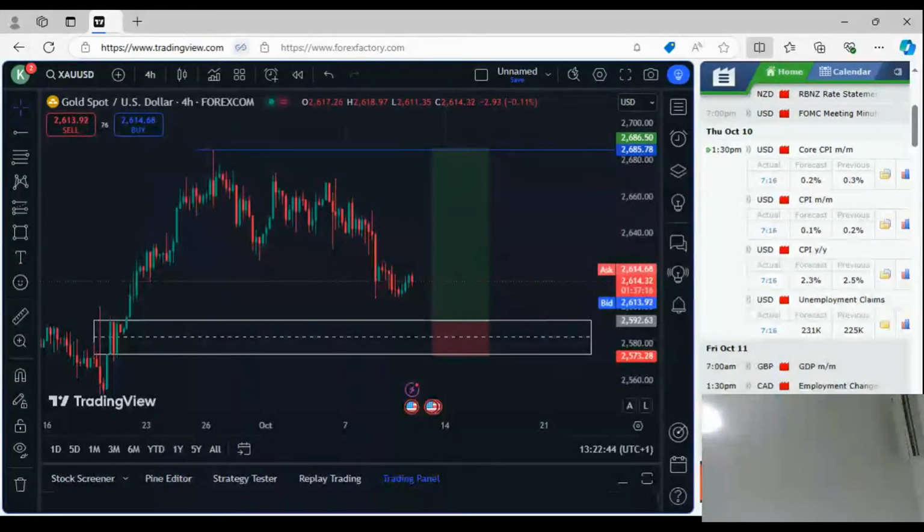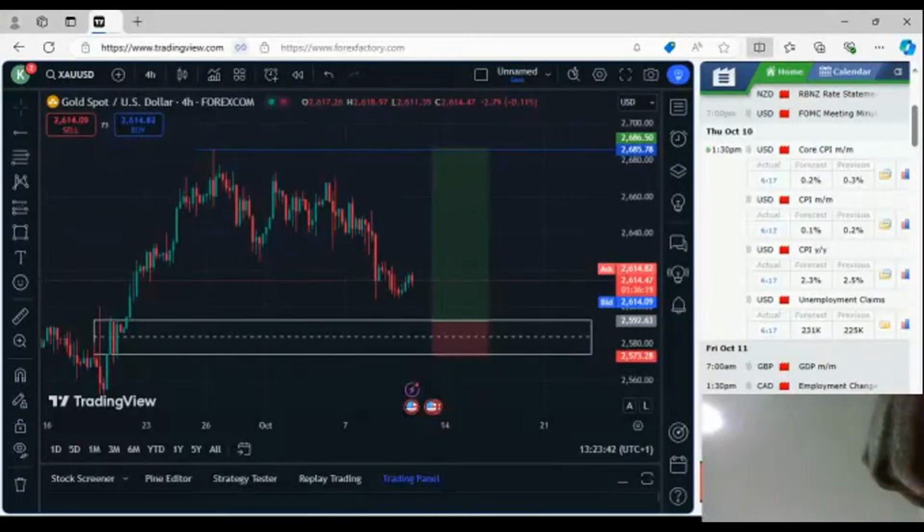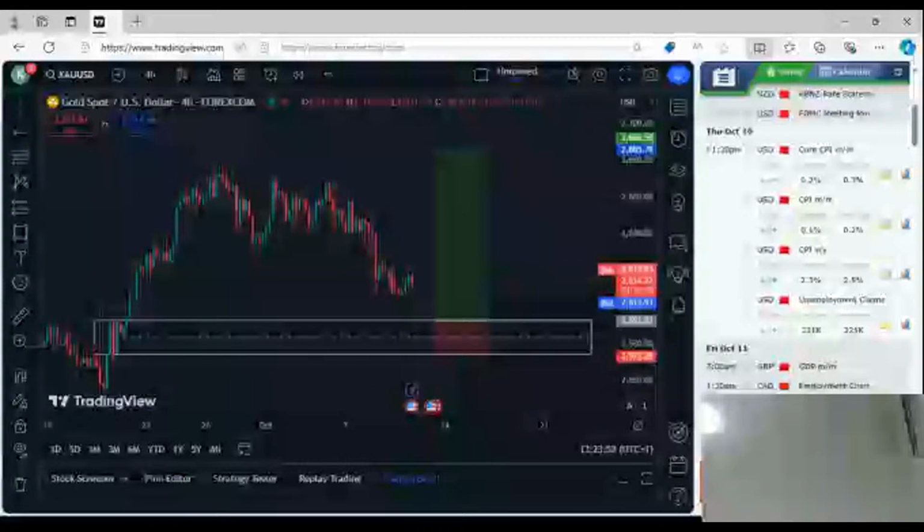So I was looking at buying the gold at 2592 point 85.78.